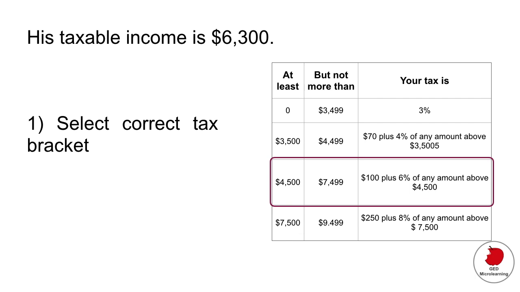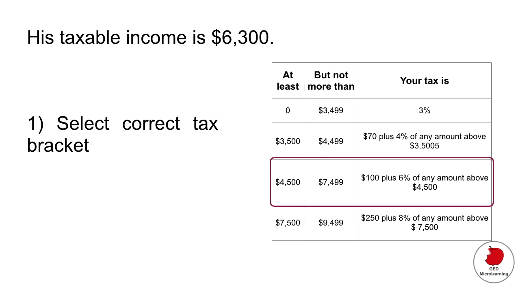And in the column on the right, it's telling you how to calculate the tax for that bracket. It tells you that those people who earn between $4,500 and $7,499 are going to be taxed $100 plus 6% of any amount above $4,500.